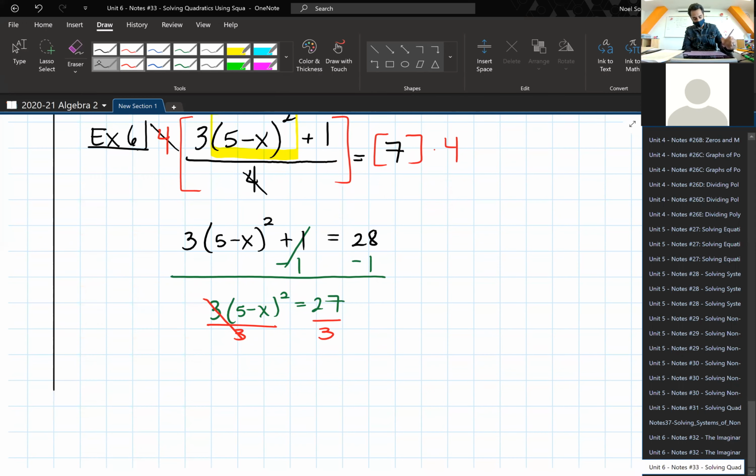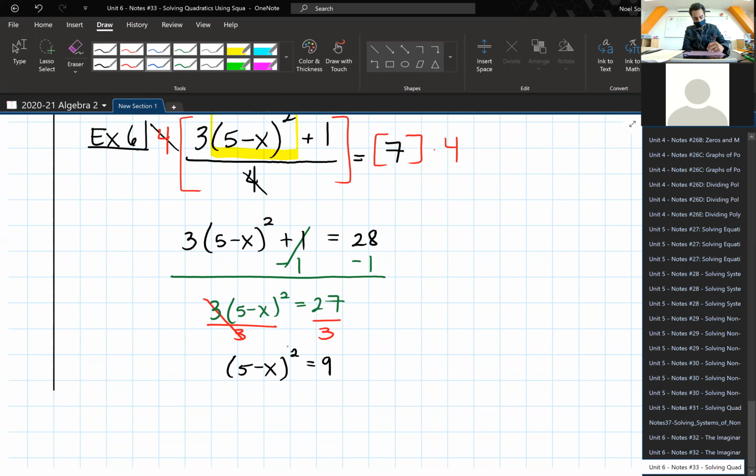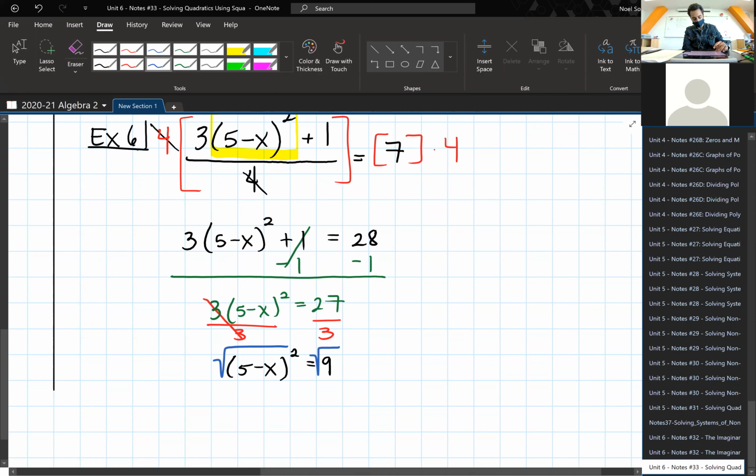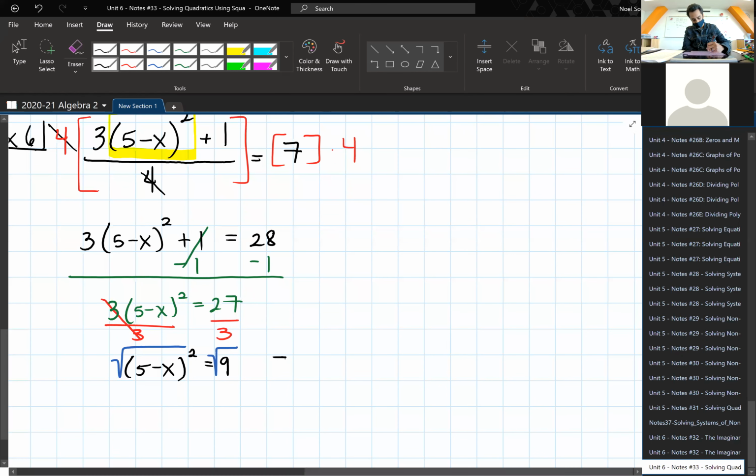So now we're in a position where (5 minus x) squared is equal to 9. Now we can do some work. Now we can apply the square root. So let's go ahead and do that. This gives us 5 minus x is equal to 3, because the square root of 9 is just 3.